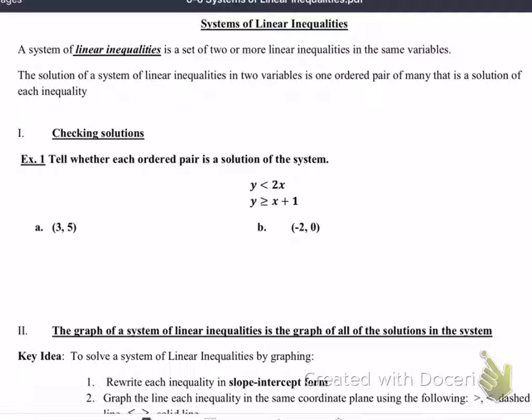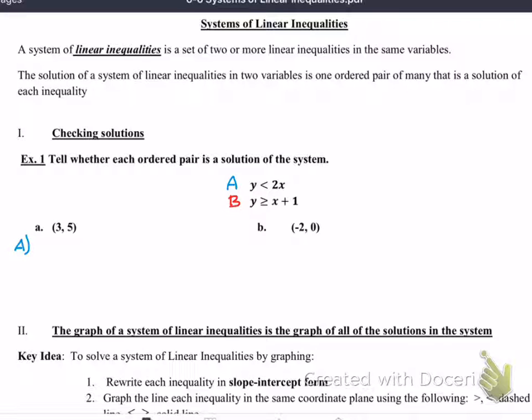So we have inequality line A and line B. Y is less than 2x, y is greater than or equal to x plus 1. For part A of this example, they're asking, does it work? All we have to do is take the two separate equations. I'll do line A in blue and line B in red so that we are not confused.